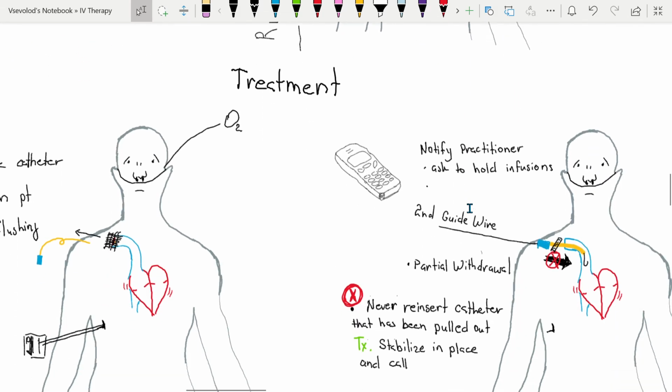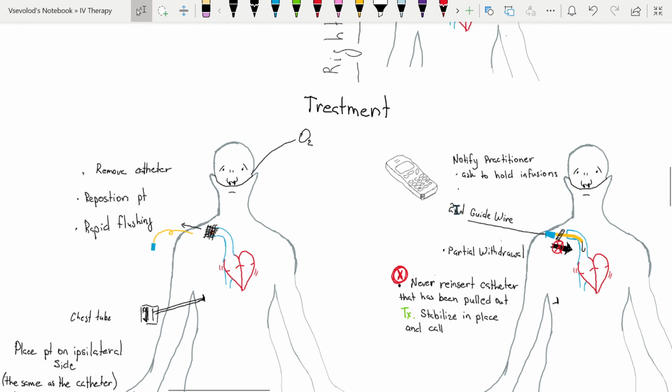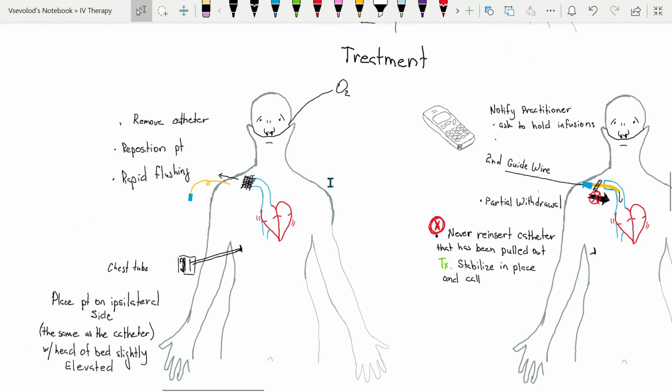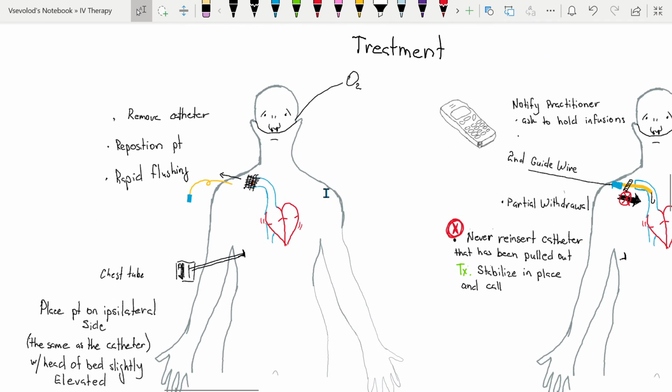So, treatment of malposition of a central vascular access device. We can remove the catheter and treat associated complications like pneumothorax and hemothorax. Because visualization techniques are used during catheter insertion, quick identification of a problem is possible.